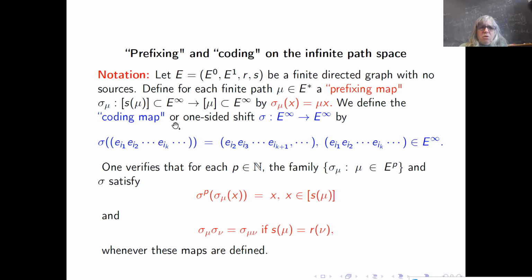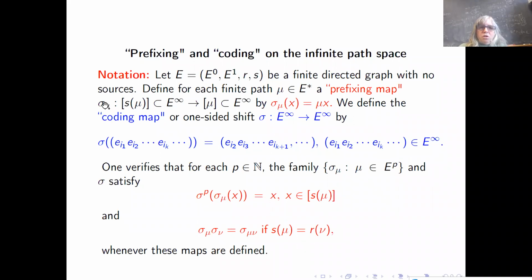And then you have the coding map, the one-sided shift, E infinity to E infinity. That's defined on all of E infinity. You just lop off the first entry of your infinite paths. So sigma, also denoted by sigma but with no subscript, sigma of e1 through ek is just e2, e3 on to ek plus 1. All right, so this is defined for every infinite path. You have this coding map defined everywhere.